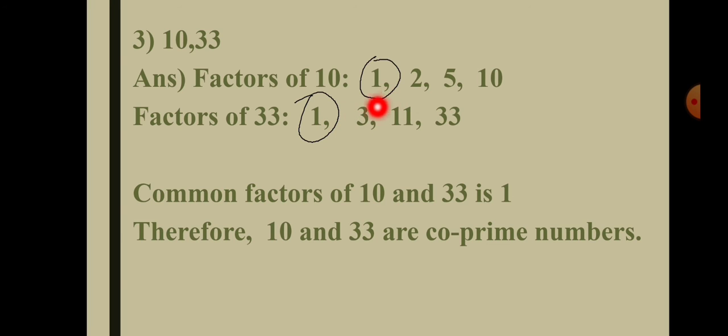As you can see, I have circled 1. So common factor of 10 and 33 is 1. Therefore 10 and 33 are co-prime numbers. As I have said, to identify whether both the given numbers are co-prime, we have to see that the common factor should be 1. So here it is 1, that is why these two numbers are co-prime numbers.